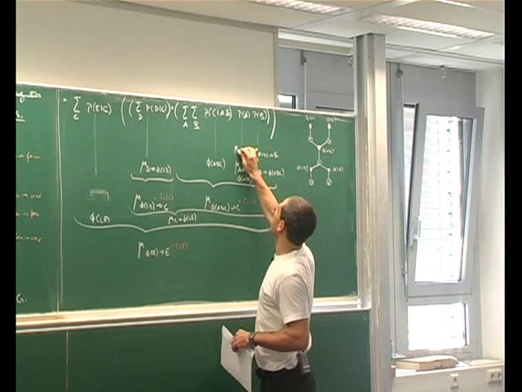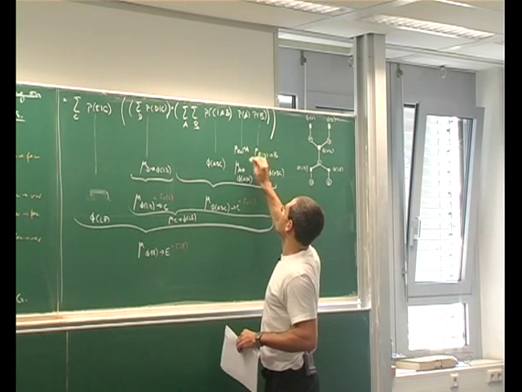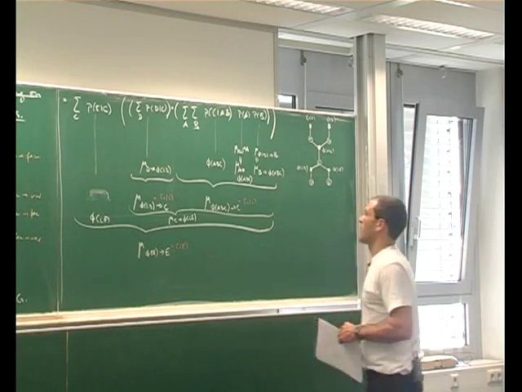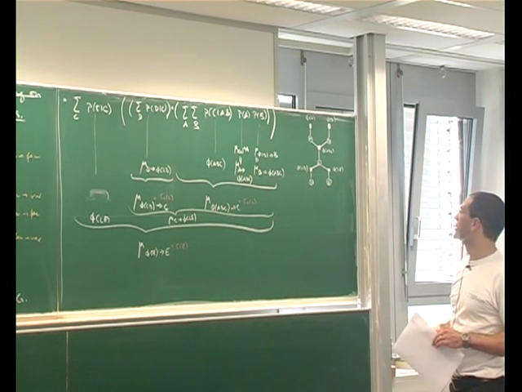And similarly, we have a message from factor A to the node A, which passes on this message unmodified.